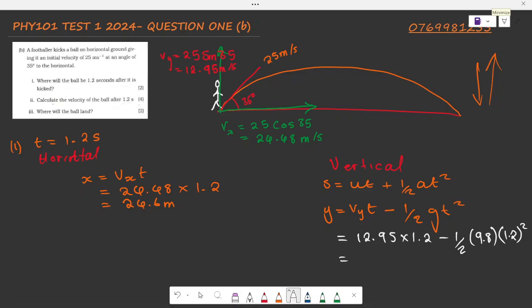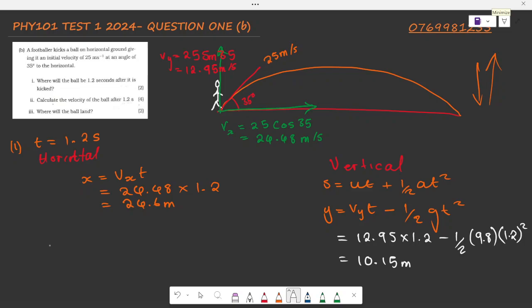Let me quickly calculate this, and we are getting 10.15 meters as our vertical displacement.